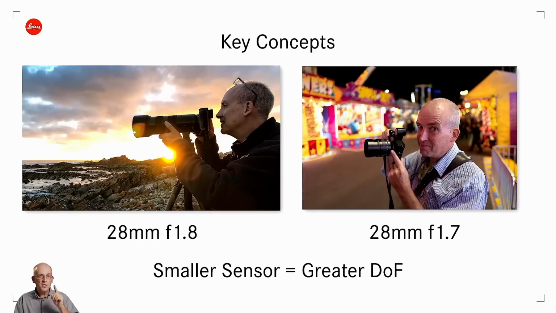So the same lens on an APS-C camera will have more depth of field than the same equivalent lens on a full frame camera. In round terms, f1.4 on my CL would be the same depth of field as f2-ish, maybe f2.2, on a full frame camera with the same equivalent focal length. Now, I'm not going to get into crop factors and so on, but just remember that the smaller the sensor, the greater the depth of field. And again, you can calculate this, and it's absolutely true.